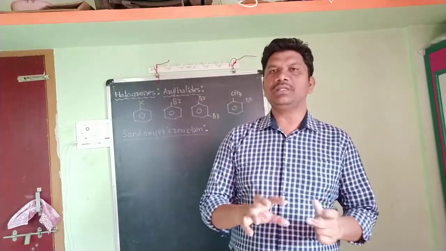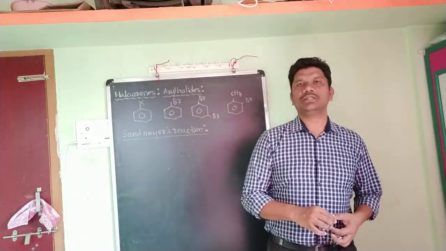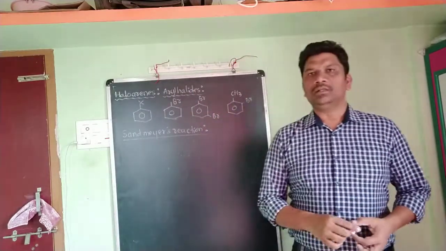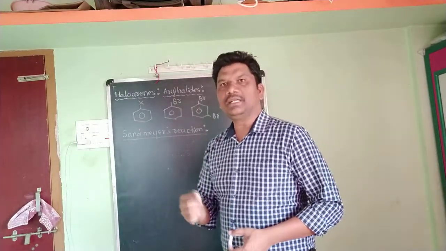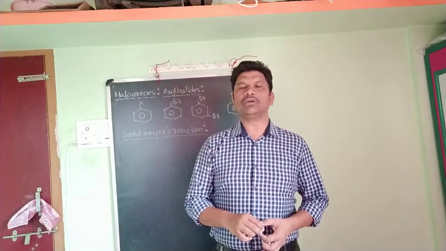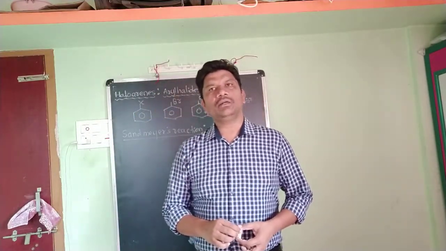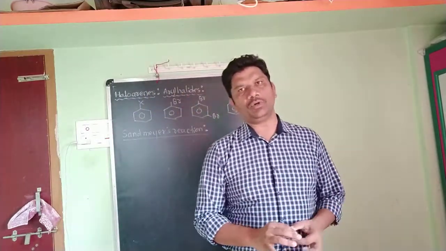The formation of benzene diazonium chloride salt is called a diazotization reaction. After that, the benzene diazonium chloride salt on warming with cuprous chloride and concentrated HCl gives the haloarene, chlorobenzene.